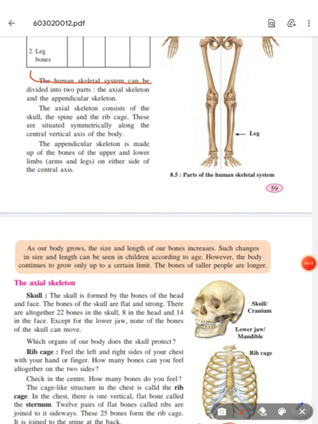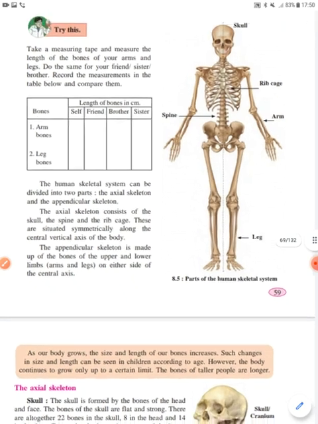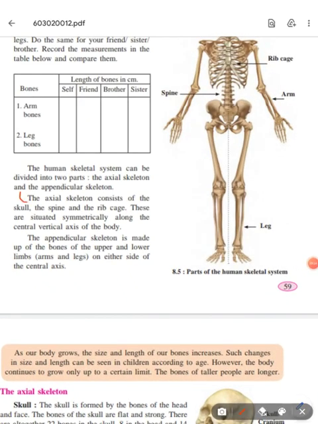The human skeletal system can be divided into two parts: the axial skeleton and the appendicular skeleton. The axial skeleton consists of the skull, the spine and the rib cage.